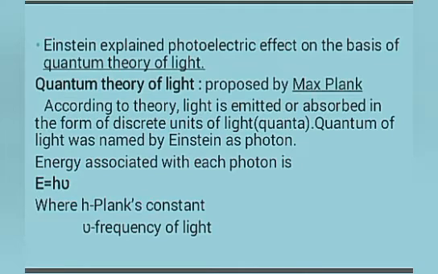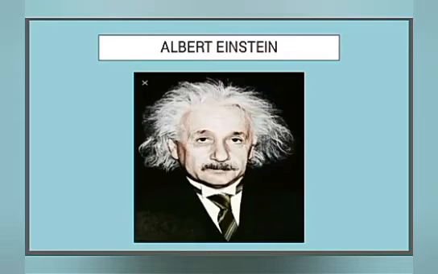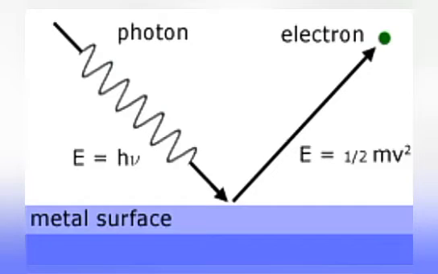Okay, so according to Einstein, when radiation falls on a metal plate, that means a number of photons each of energy h nu fall on the metal, then those electrons interact with the photons and absorb enough energy and escape from the metal surface.